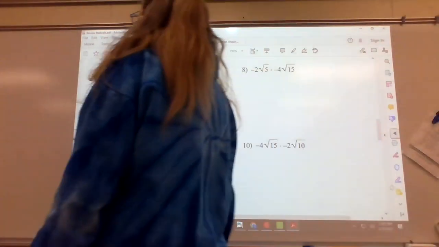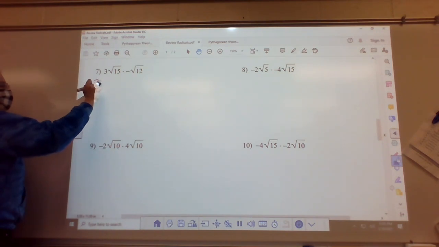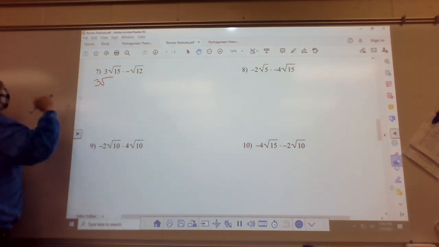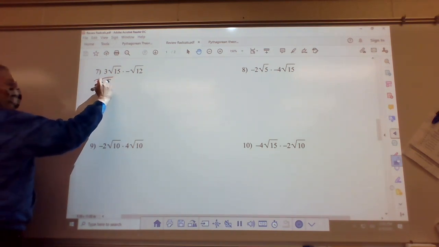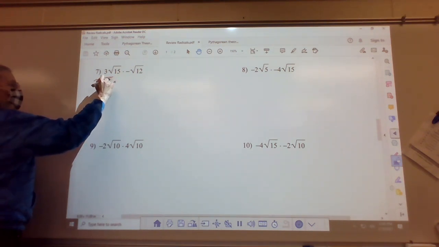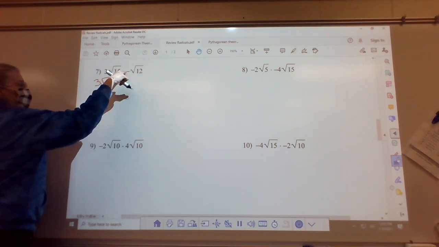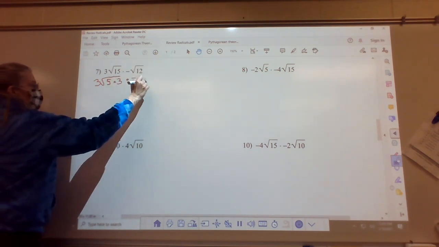Number 7. So like I said, the numbers out front are just going to hang out for a little bit. 15 is what times what? 5 times 3. Times the negative, I'm going to change to negative 1 again.